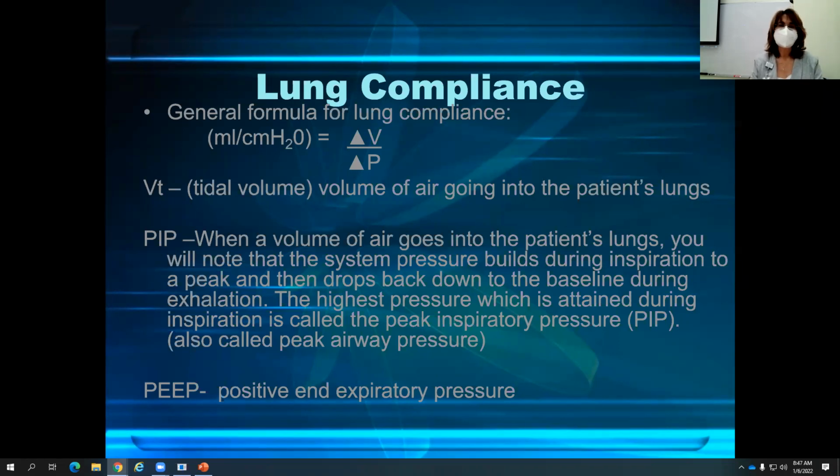I want to know if you can correctly plug that into the formula. So on the top is where you're going to put your tidal volume. And then you have to figure out delta P. And the way you're going to figure that out is you're going to take the peak pressure and subtract the PEEP. And then you divide the top number by the bottom number.